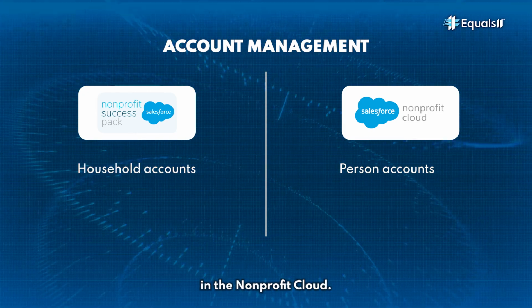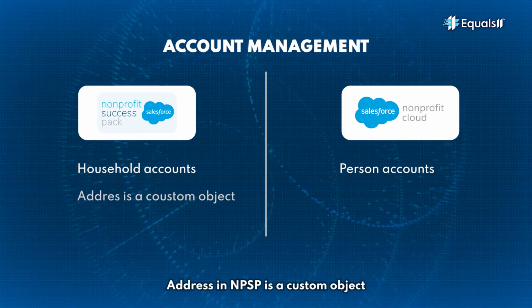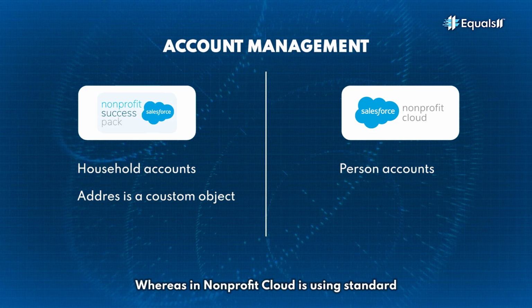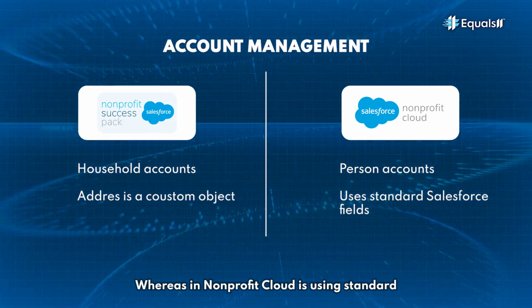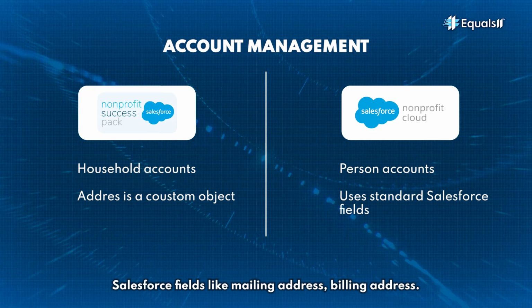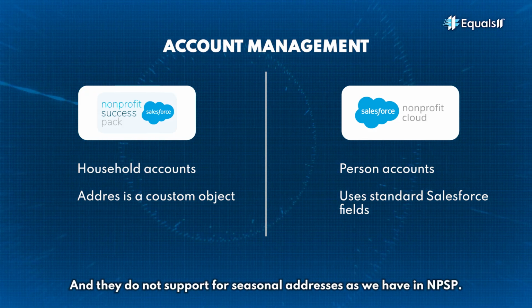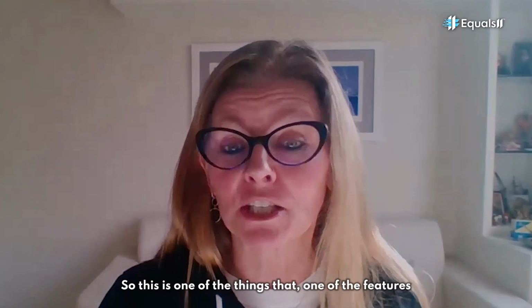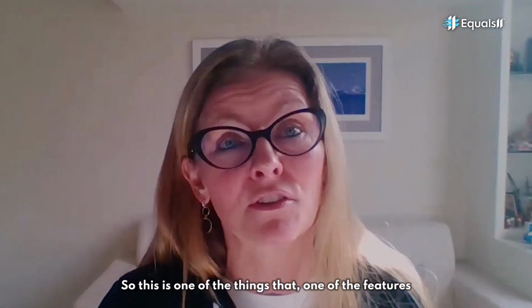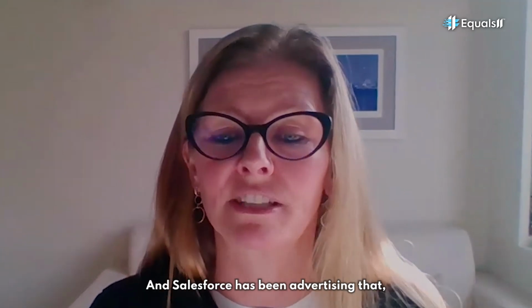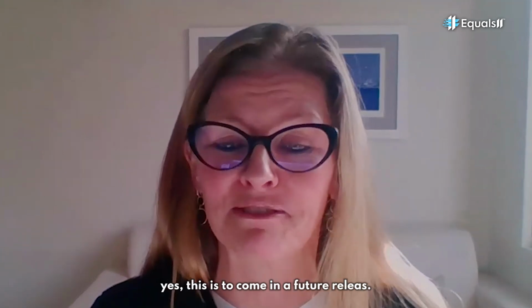Address in NPSP is a custom object that is tied to the account, whereas Nonprofit Cloud uses standard Salesforce fields like mailing address and billing address, and it does not support seasonal addresses as we have in NPSP. So this is one of the features where we still do not have parity in NPC, and Salesforce has been advertising that this is to come in a future release.